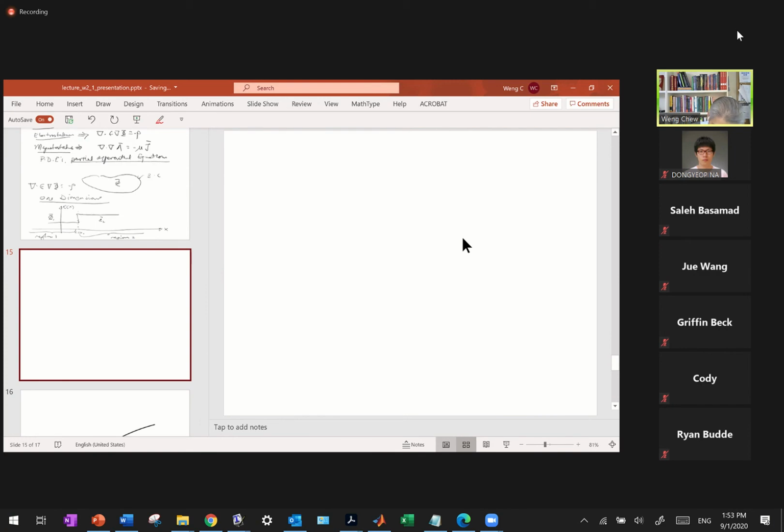Let's assume that we have Laplace's equation, or Poisson's equation, with epsilon and phi. Let's assume that the problem is divided into region 1 and region 2, and the problem has epsilon 1 and epsilon 2 in these two regions.